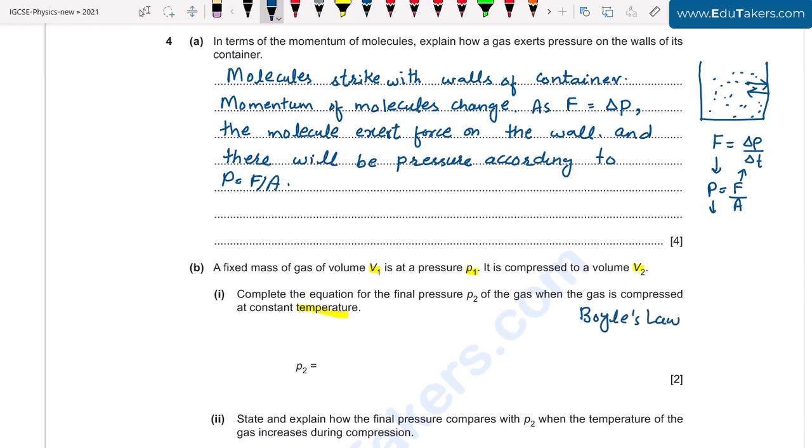According to Boyle's law, pressure is inversely proportional to volume when temperature is constant. By using Boyle's law, we write P1 V1 is equal to P2 V2 and we have to calculate the value of P2. It comes to be P1 V1 over V2. So I write here P1 V1 over V2, which is equal to P2.